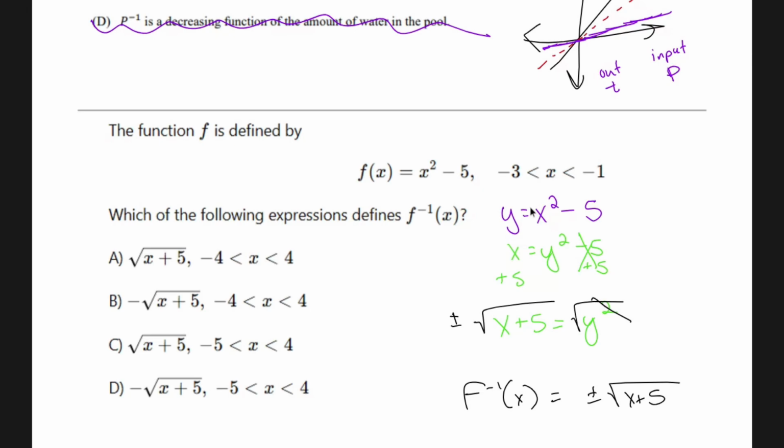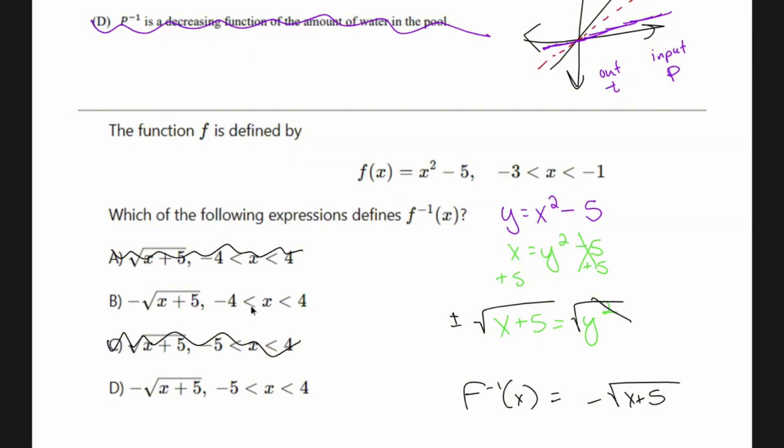Therefore, when finding the inverse, we must use the negative square root to maintain the correct relationship between x and y. So by doing that, we are only going to deal with the negative version of this. Okay? The negative version of this. So that eliminates the others.